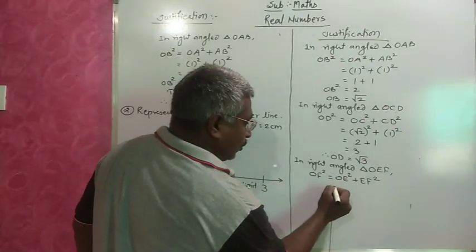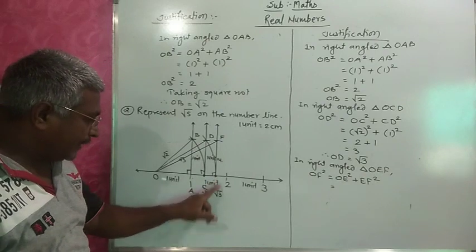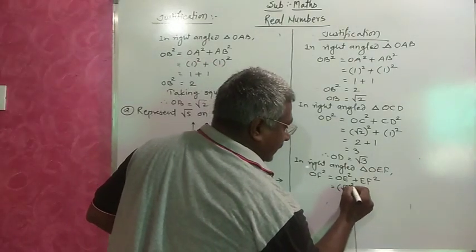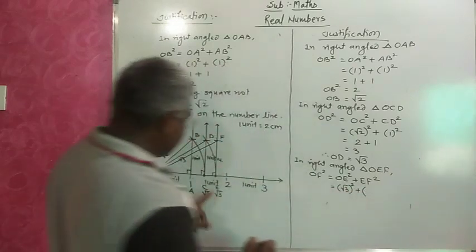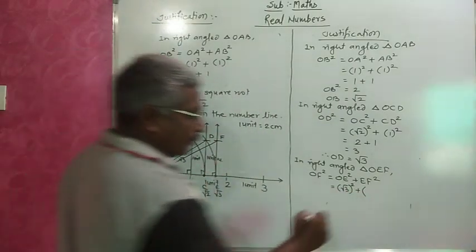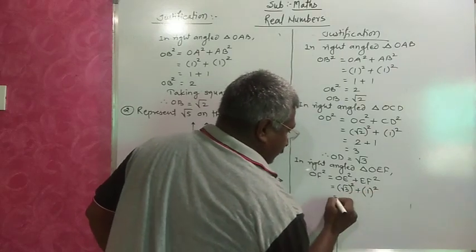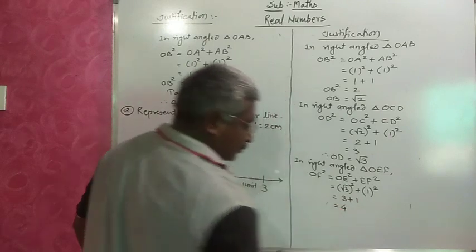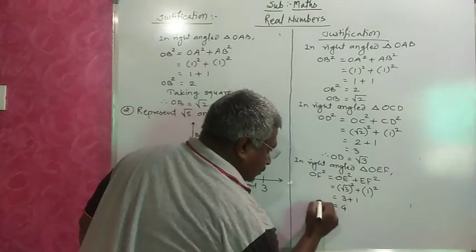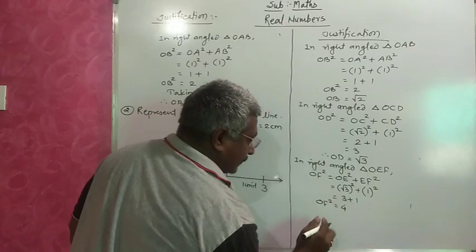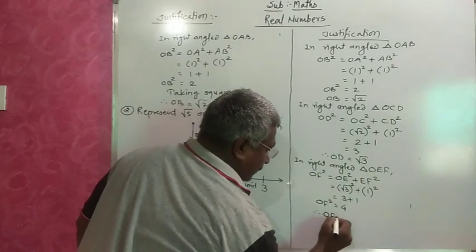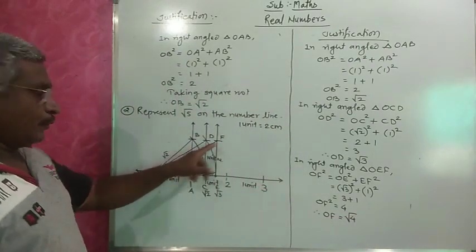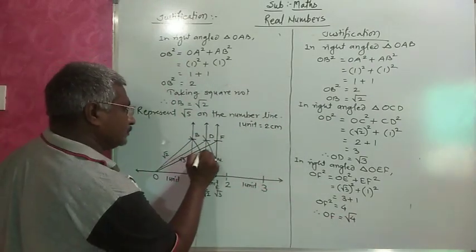What is the length of OE? Root 3. Root 3 square plus what is EF? EF is 1 unit. Root 3 square means 3 plus 1. So what we got? 4. So this is OF square. So therefore OF equals root 4. What is the length of OF? Root 4.